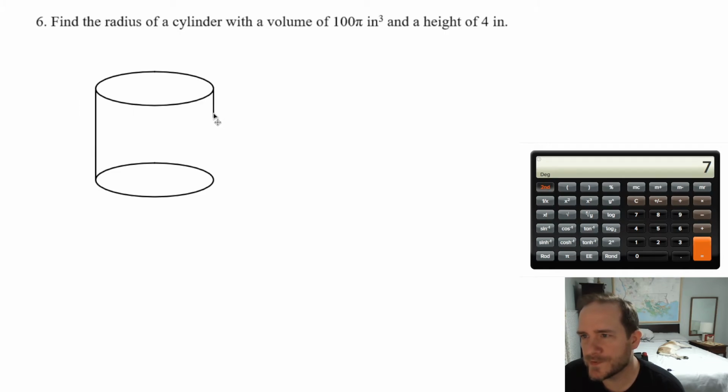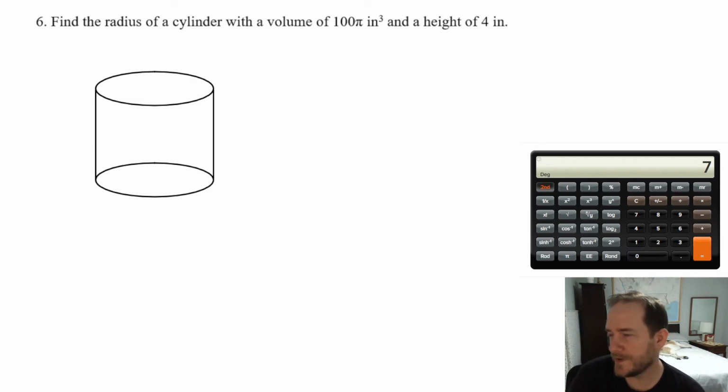There's my cylinder. What do I know? I know the volume again. It's 100 pi. And I know the height this time is 4.